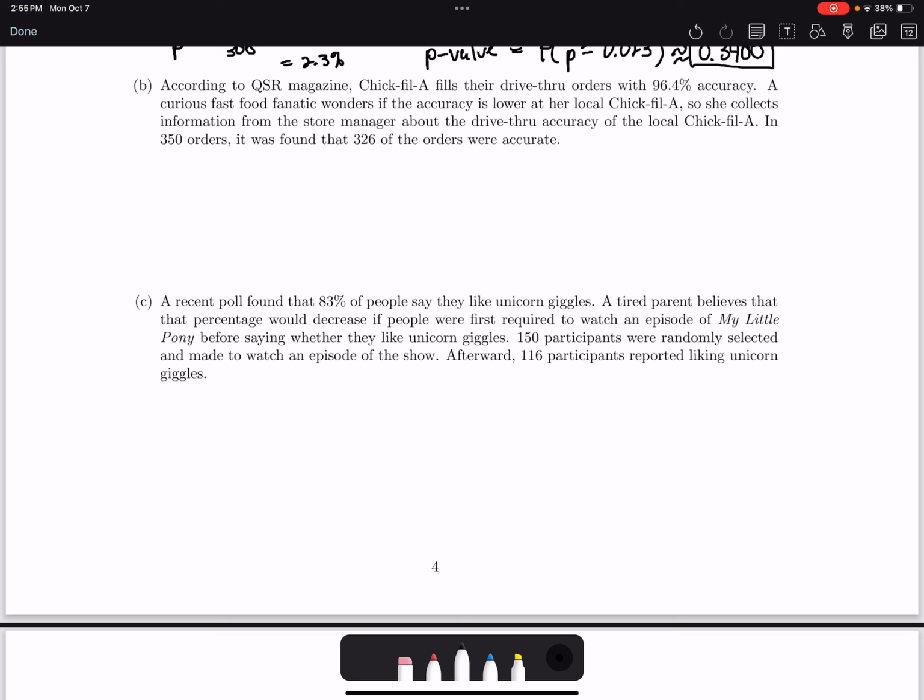Okay, so this fast food fanatic wonders if the accuracy is lower at her Chick-fil-A. So the null hypothesis is that it's not lower, that it's the same as it is everywhere, right? The proportion of the accuracy rate is 0.964. Okay, and the alternative is that it's lower.